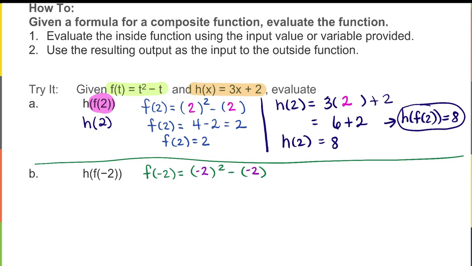So this one, negative 2 squared is positive 4. And then here, negative becomes a plus. So f of negative 2 is equal to 6. So now we're going to find h at 6.